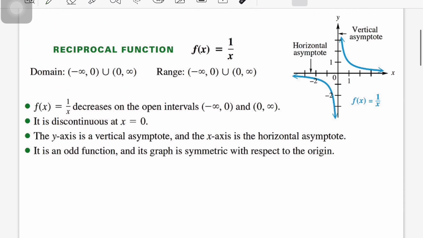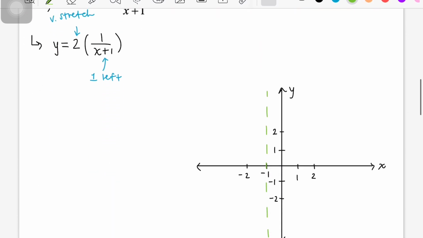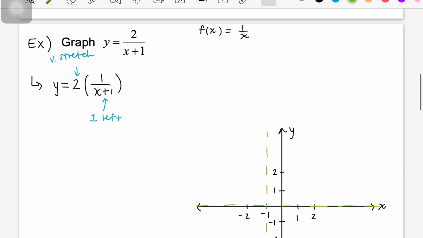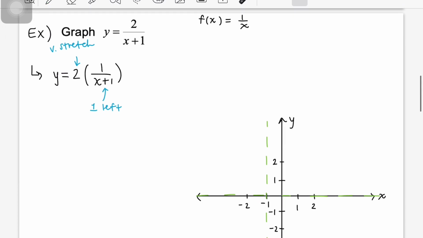And then we also know that we have a horizontal asymptote like this here. And since we're not shifting our graph up or down, that will remain there. All right. So this tells us that our graph is going to behave in somewhat of this manner here, and this manner here in this region, just based off of what we know about our reciprocal function here.